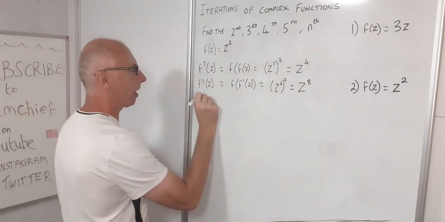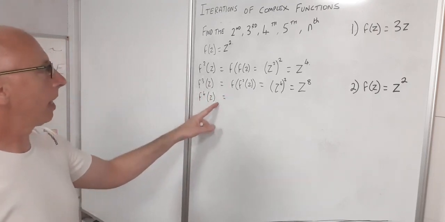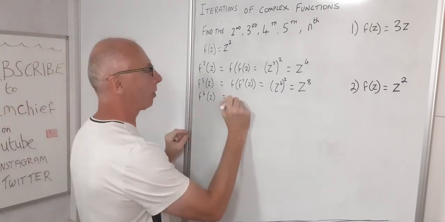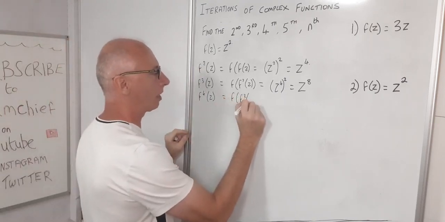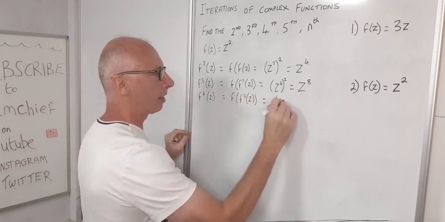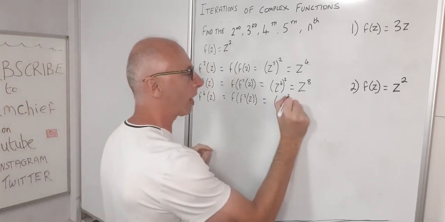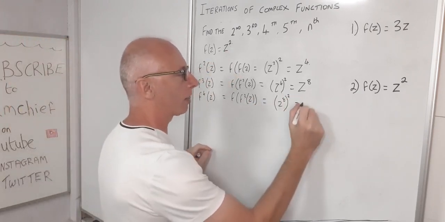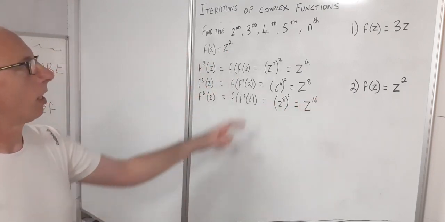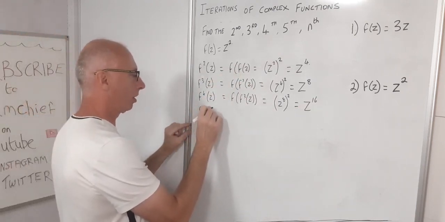Okay, let's try f4 of z. Now this time I'm going to try a slightly different route. I'm not going to do f2 of f2. I'm going to do f of f3 of z. So then that's going to be z to the 8, and our rule is squaring. So z to the 8 squared. So then that's going to give us z to the 16. Okay, fifth iteration.